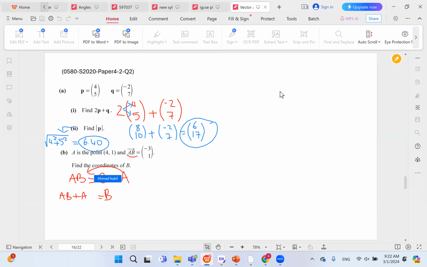And then we write them down as vectors. So AB is negative 3 and 1, plus A, which is 4 and 1. We write it as a vector. And we get 1 and 2.